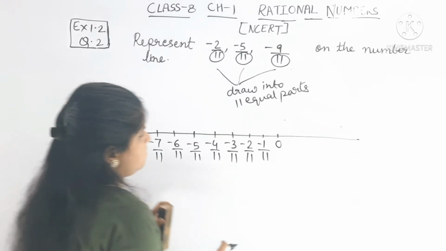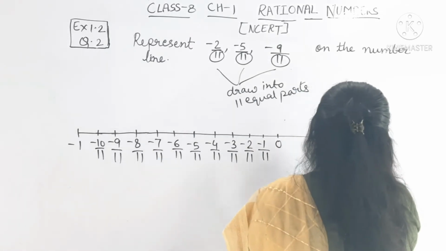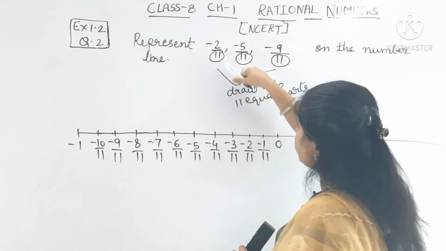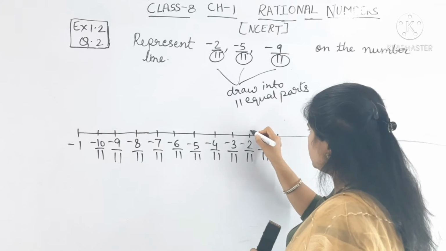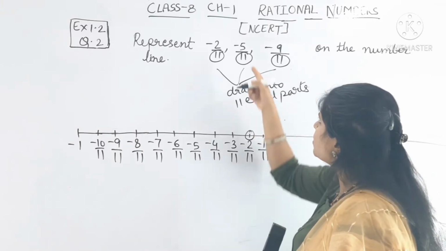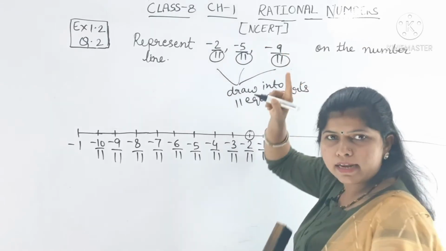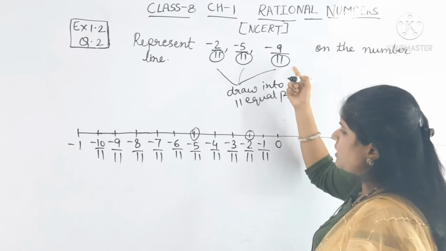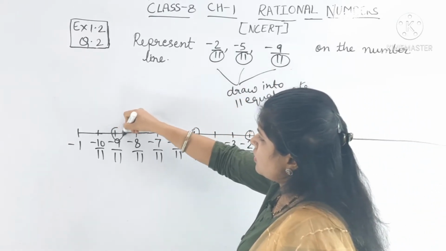Okay, so we have to represent -2 by 11. Where it is? This is -2 by 11. You have to circle at that number. Then we have to represent -5 by 11. So here is -5 by 11. Then -9 by 11. Here it is.